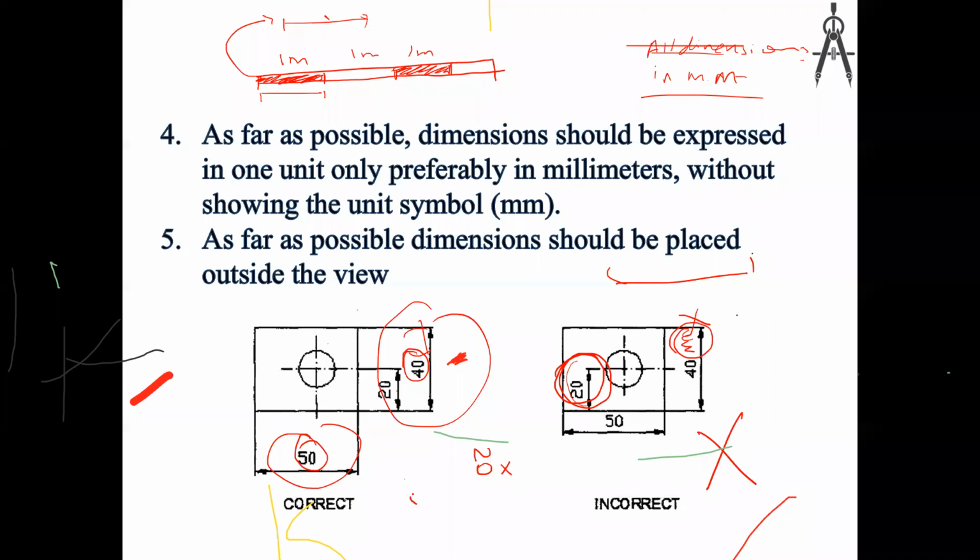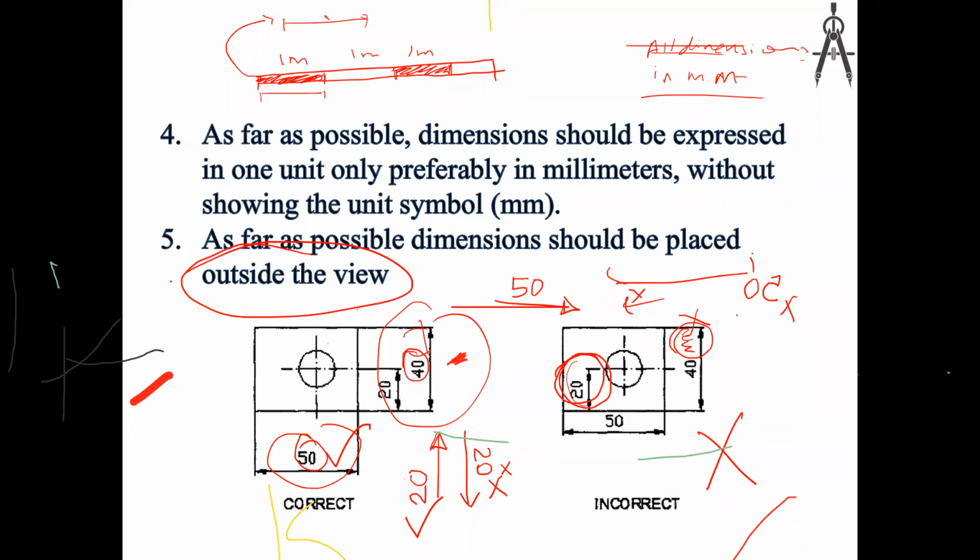The only way you can write is 20 in this direction, not this direction. This is wrong. So 50 in this direction, not in that direction. This is wrong. So only this direction and this direction, and always outside the view.